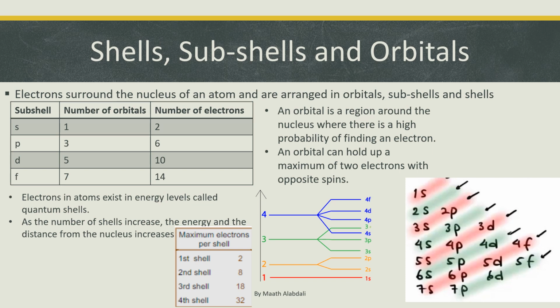But for A-level, I think you have to know up to 5S. This is going to link to ionization energy, which I'm going to explain in a few slides. Just bear with me.